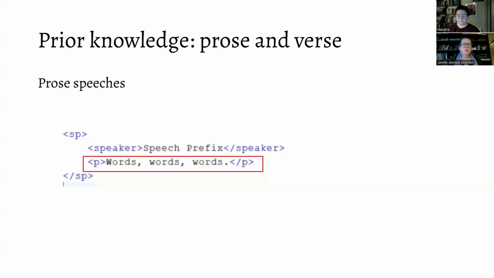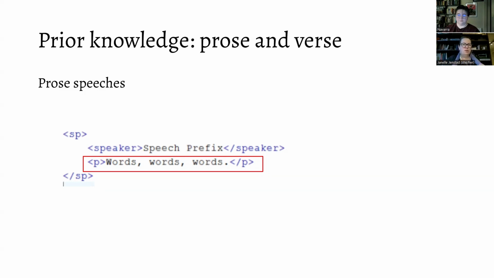But first, we're just going to refresh necessary prior knowledge. So if you are encoding a prose speech in your modern text, you will wrap the entire prose speech in a P element. P actually stands for paragraph in TEI XML markup language.